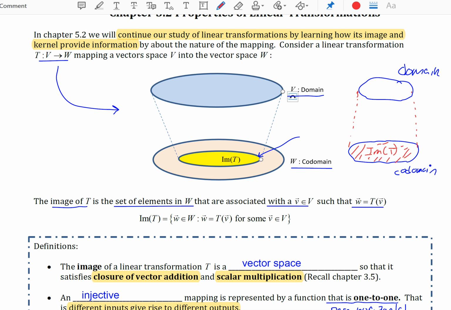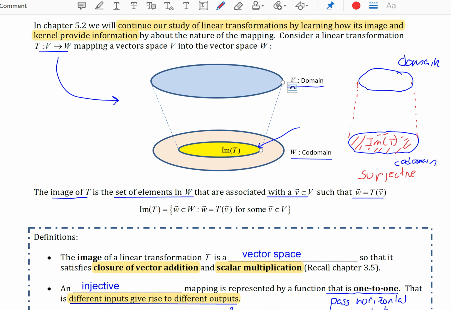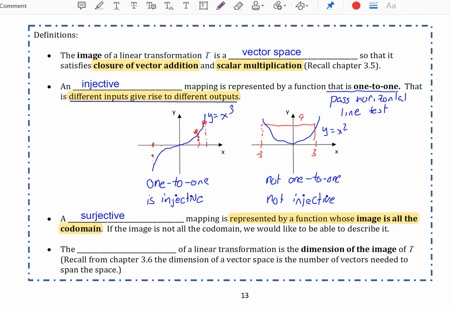This would be an example of a surjective mapping. This is a surjective mapping, when the image is all of the codomain.